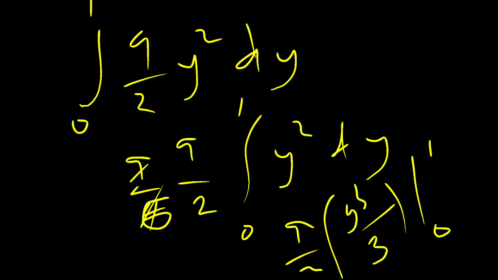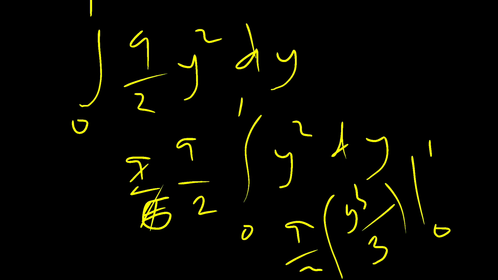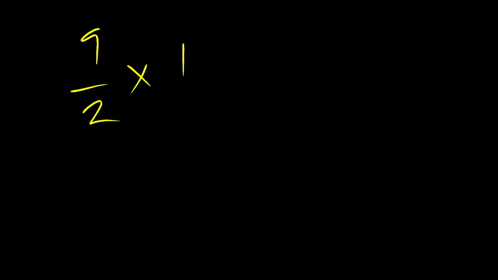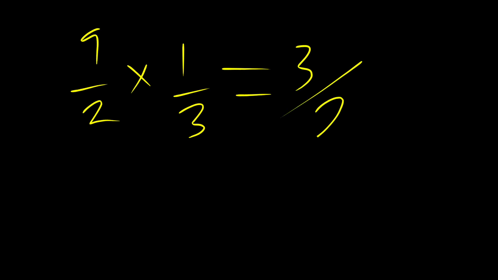If you substitute 1 there, you'll have 9 over 2 times 1 over 3, and you can see this gives you 3 over 2.